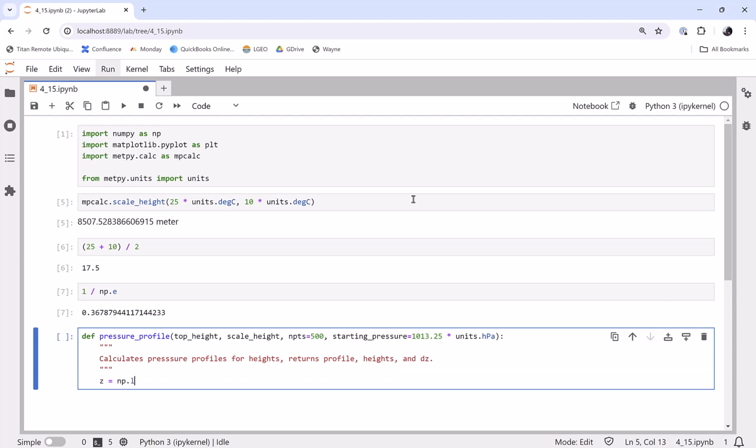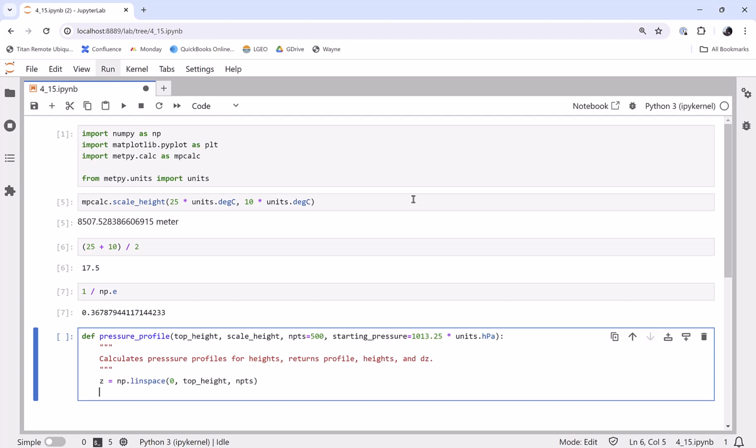For the height, I'm going to use linspace for now. You could use logspace here if you wanted. I'm going to start at 0, go to top height, and do that in npoints. Then I'm going to return the starting pressure times e to the minus z over scale height, the heights, and then dz.